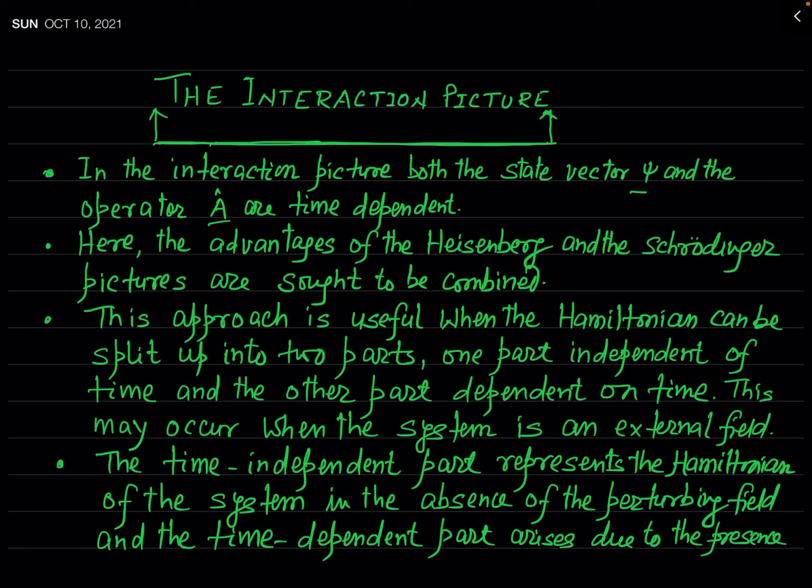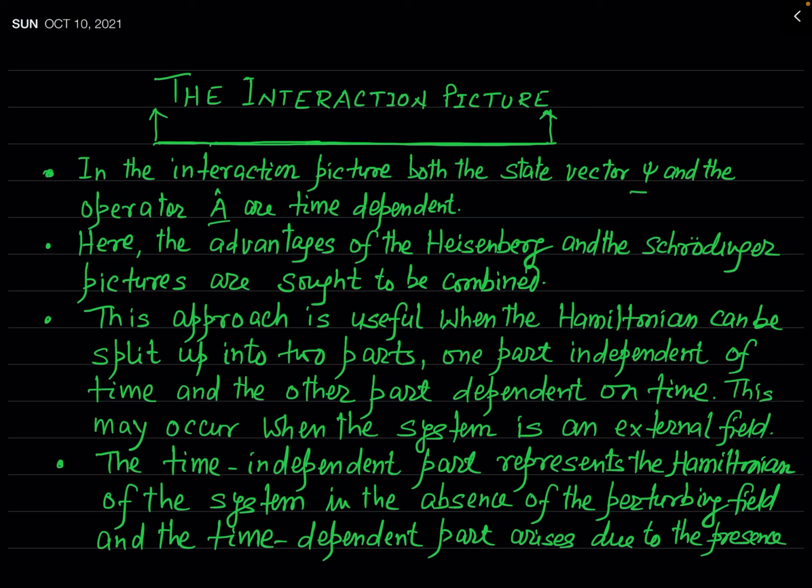In fact, here H hat 0 is independent of time, or you may call it the unperturbed Hamiltonian. And this H1 of t is dependent on time, and this part of the Hamiltonian is known as the perturbed Hamiltonian, or this is due to the interaction with the external field of the system.